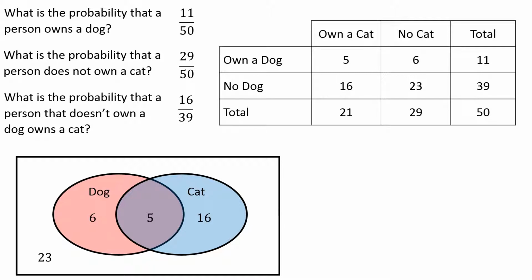It's contingent that they don't own a dog. So I have to look in the no dog row. So that's why we gotta use that grand total of 39. So 16 of them own a cat among the non-dog owners.